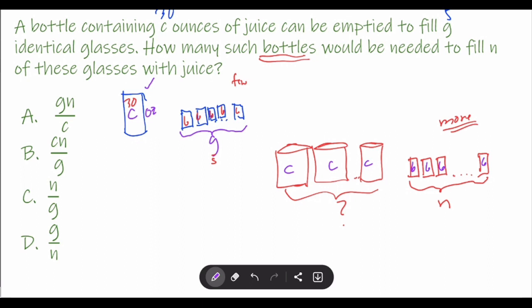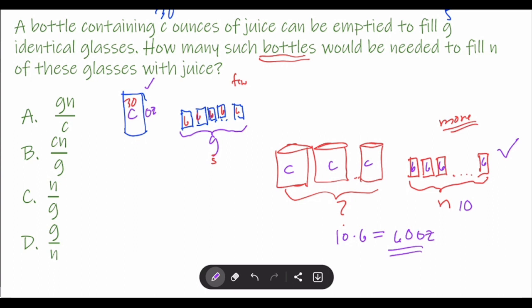So if, for example, N is just 10, to make it easier, there's a total of 60 ounces, because 10 times 6 is 60 ounces in total for this problem. Now the question is, how many bottles?